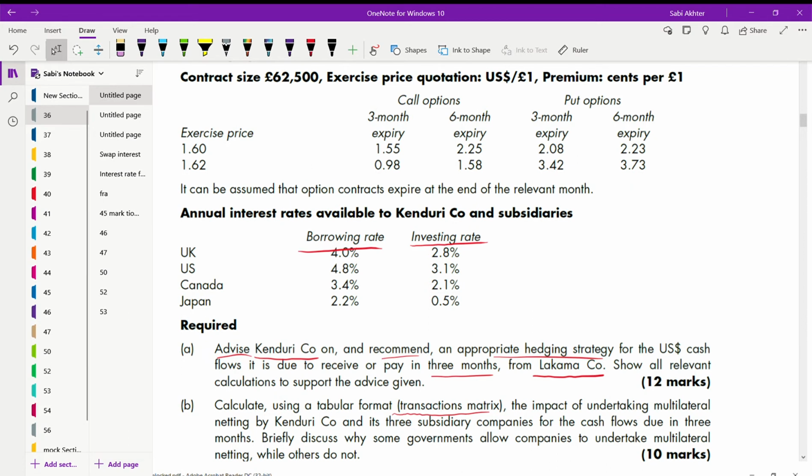Rather than reading the whole question, you know that money market is in this question just by looking at this table. Otherwise there is no purpose for them to give you the borrowing rate and the lending rate in an exchange rate question. Whenever borrowing and interest rates of the two countries come, you have to understand that it's a money market hedge.